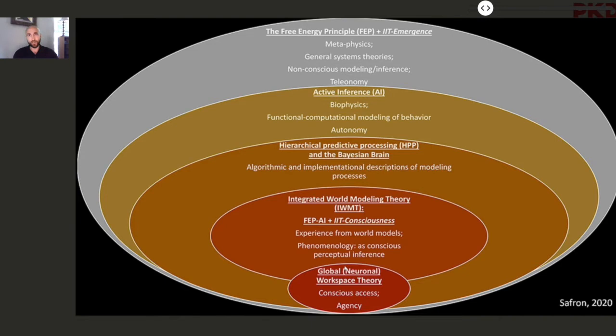In brief, I suggest that complexes with high degrees of integrated information are also Markov blanket bound systems with high degrees of model evidence. IIT enters once again in this synthesis as a model of consciousness, but differently, and there I explore ways that it can be reconciled to degrees with the global neuronal workspace theory.